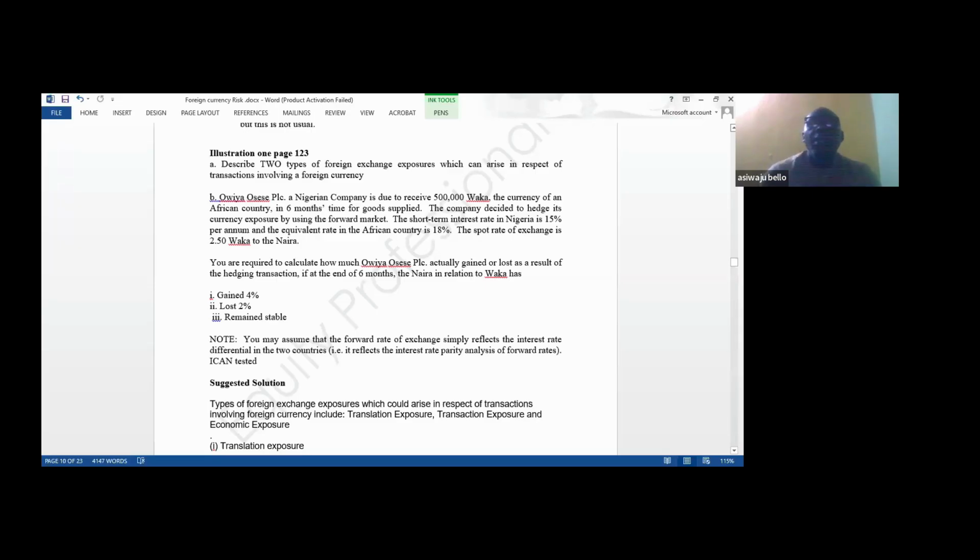The company has decided to hedge its currency exposure by using the forward market.